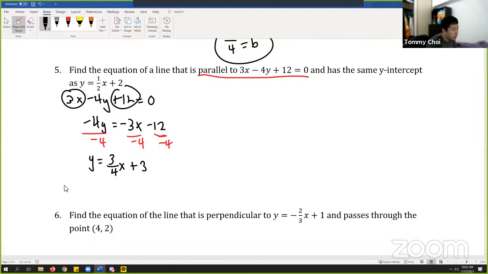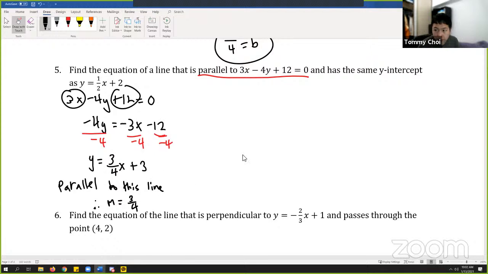It says it's parallel to this. Therefore, the slope is equal to 3/4. So that's what our first piece of information is.